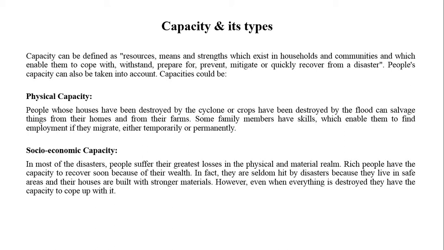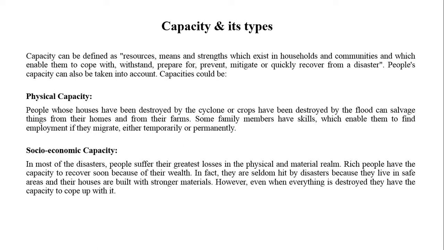People's capacity can also be taken into account. There are two types: one is physical capacity and the second is socio-economic capacity. People whose houses have been destroyed by a cyclone or crops destroyed by a flood can salvage things from their homes and from their farms.